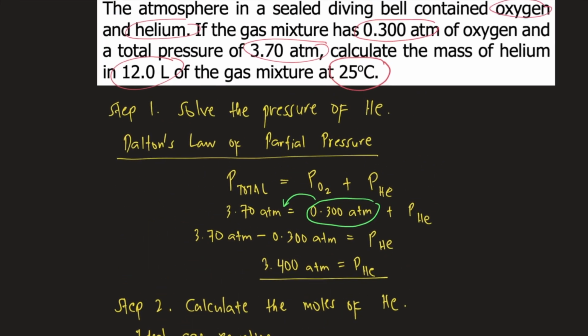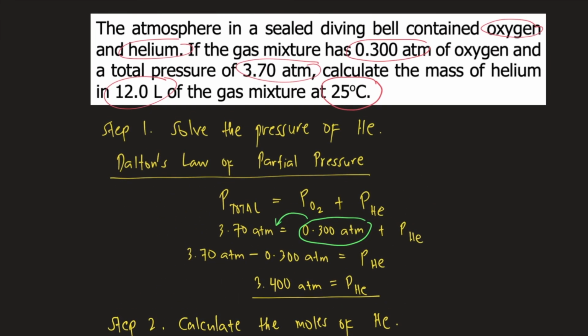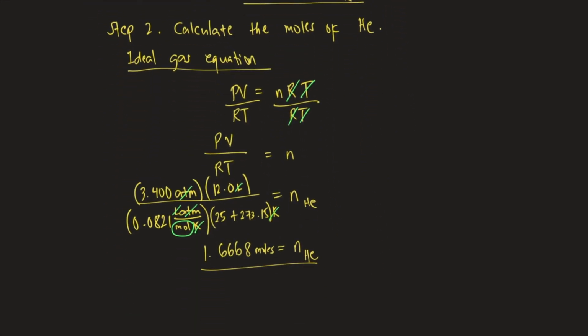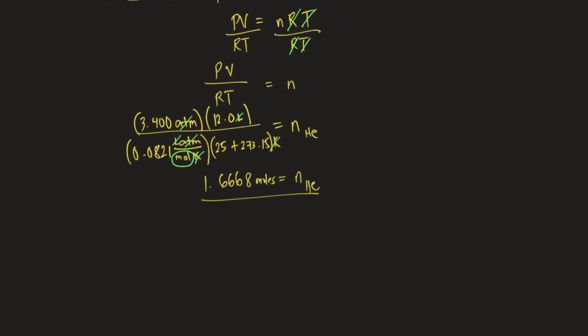Let's read the problem again. It's asking for the mass of helium. Calculate the mass of helium. So the last step in solving this problem is to convert moles of helium to mass of helium. So step 3 is to calculate the mass of helium.